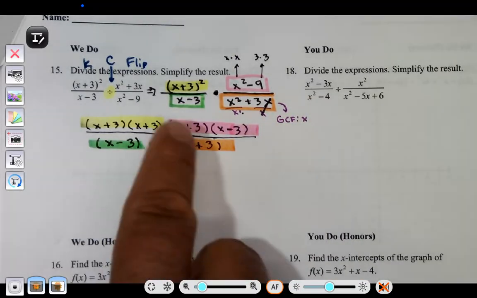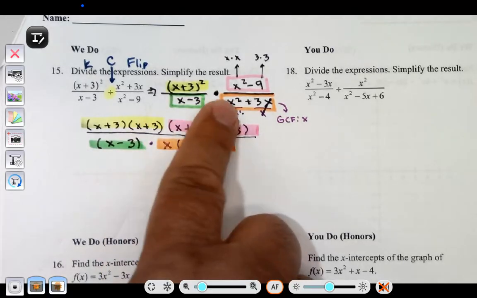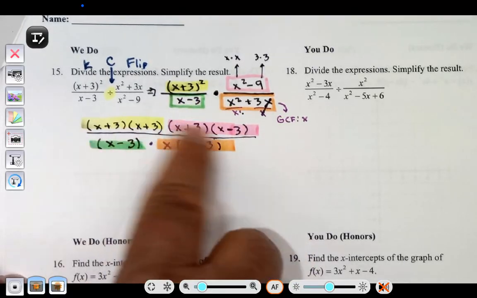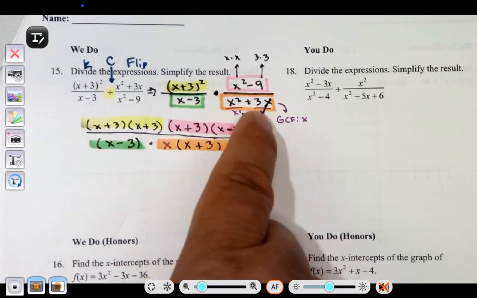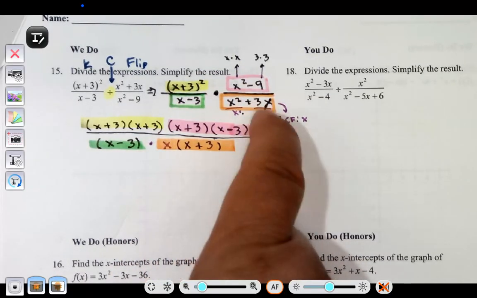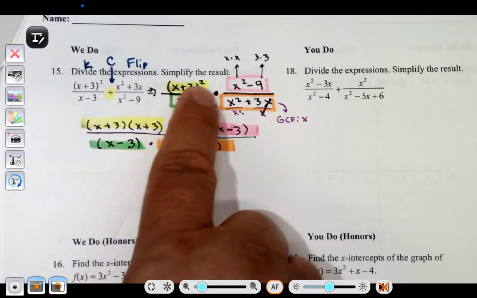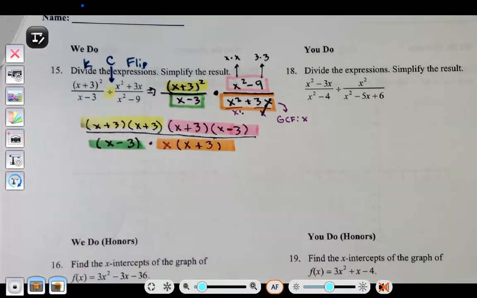So again, when we get this type of problem and there's multiplication, we make one big fraction, and then I take my time with each section and factor it. And remember, if it's already factored, well, this one said write it twice, so we wrote it twice. Because now it's time for me to cancel things out. And the rule is I can cancel anything from the top with anything from the bottom.